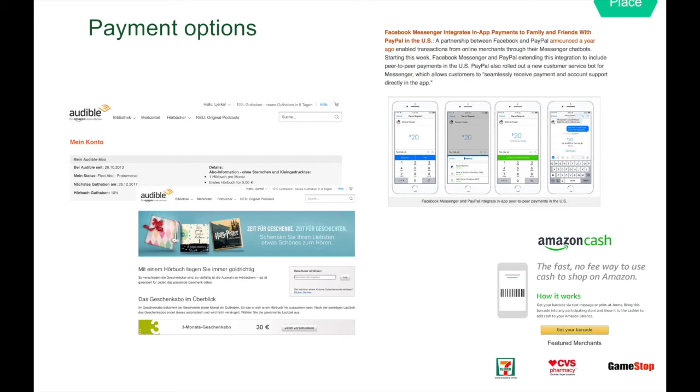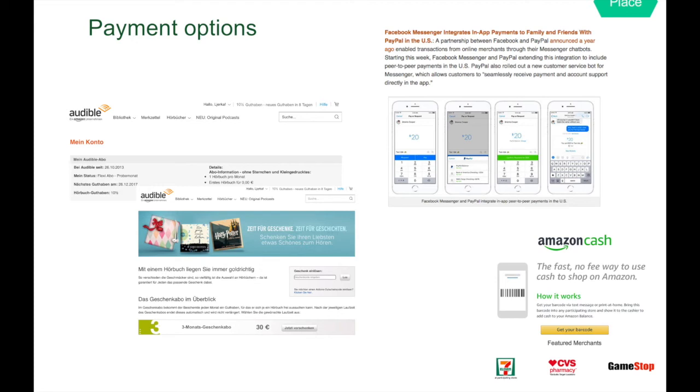A little less out there is the upper right example. That's basically Facebook Messenger, which integrates in-app payments with PayPal. So here we have a combination of two players in the virtual market, Facebook and PayPal, aligning their strengths, and they are using each other's benefits for both companies to actually increase their sales and increase the customer offerings.